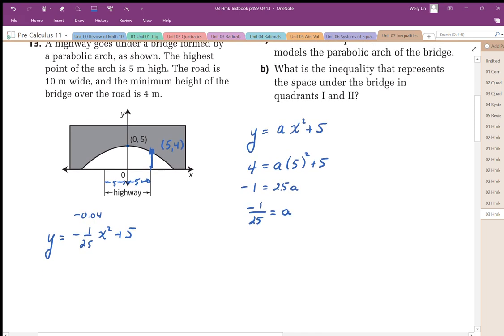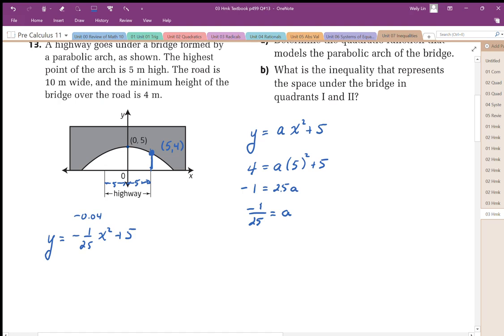Part B says, what's the inequality that represents the space under the bridge in quadrants 1 and 2? So the inequality is going to be when the height is greater than 4, and it's going to be between those two points.